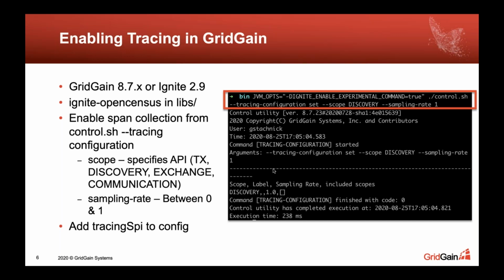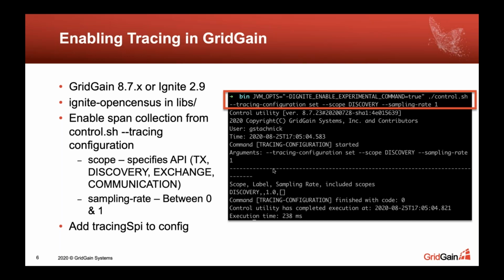What else? One nice thing about being able to control the sampling rate via our control sh script is it allows you to selectively enable and disable tracing on a running cluster without having to restart. So a lot of times people use tracing more as a forensic tool.